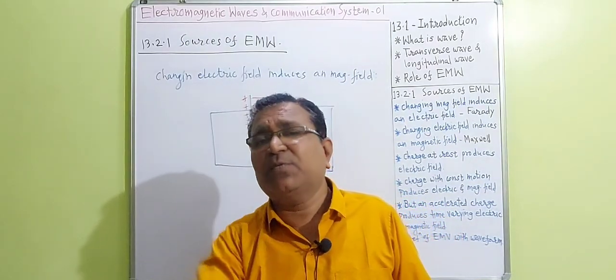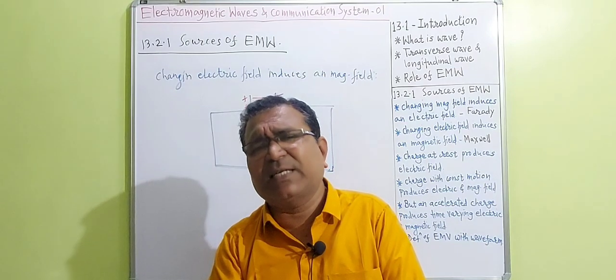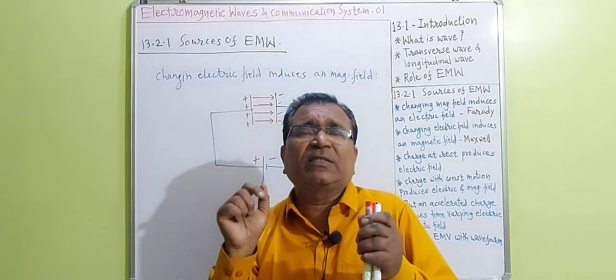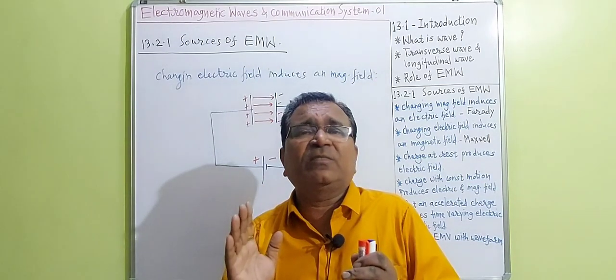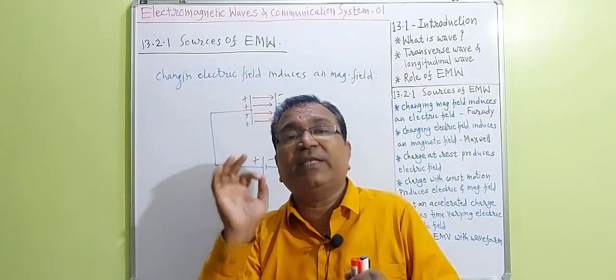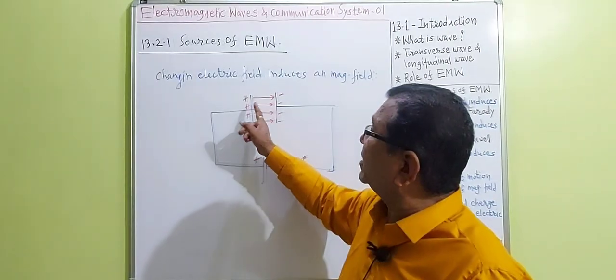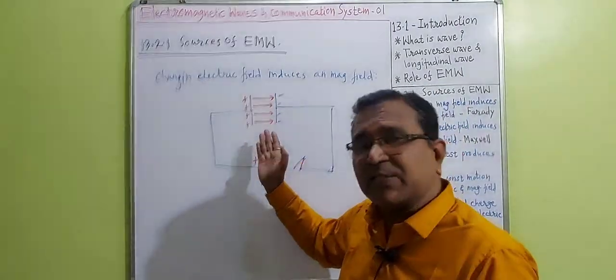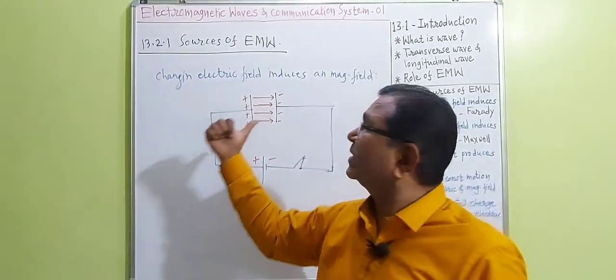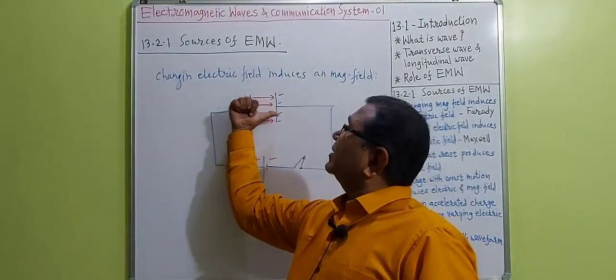This is the most important concept, dear student: displacement current. When the condenser starts charging, there is a change in electric field, from one plate to another as shown in the figure, producing displacement current having direction like this.